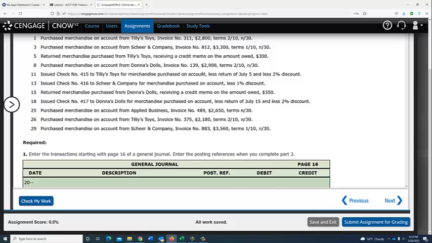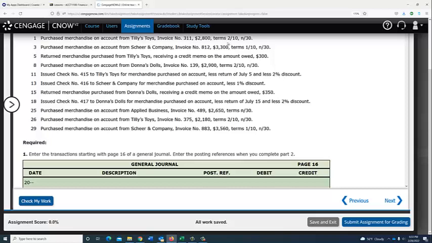So if we go back up to Tilly's, we see that they get a 2% discount if paid in 10 days. Well, 10 days from the 1st is the 11th. So they did pay within the 10-day period, so they will get the discount. You'll have to figure that out yourself sometimes on some of the assignments.